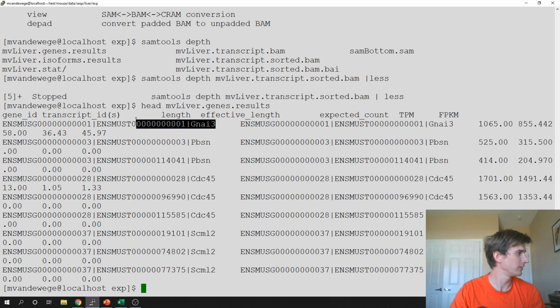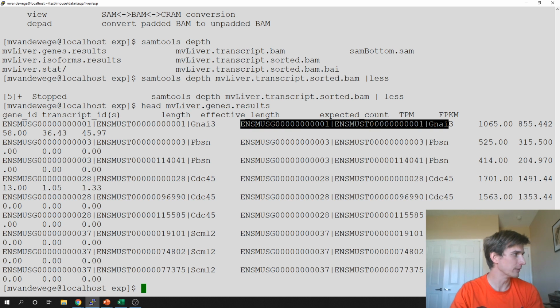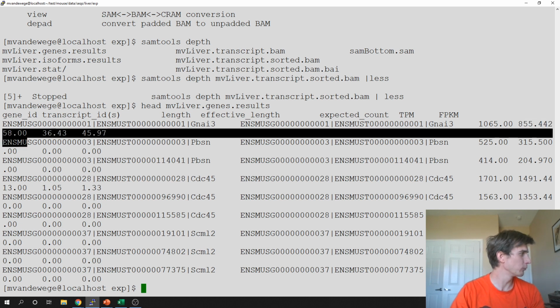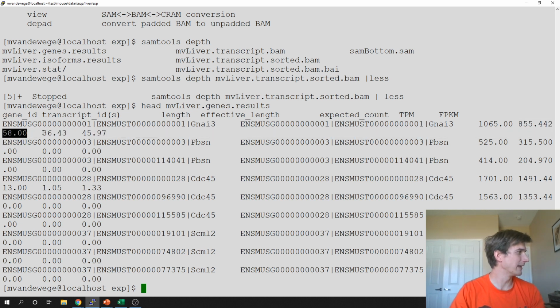It tells us the gene name, and it repeats the gene name for transcript name. Then it tells us the length of the gene, the effective length of the gene, and how many reads map to it, and then these expression metrics that normalize the data in some way.